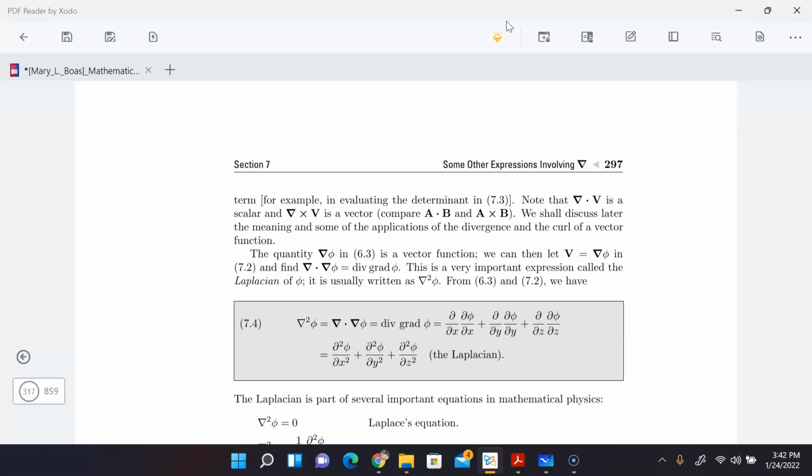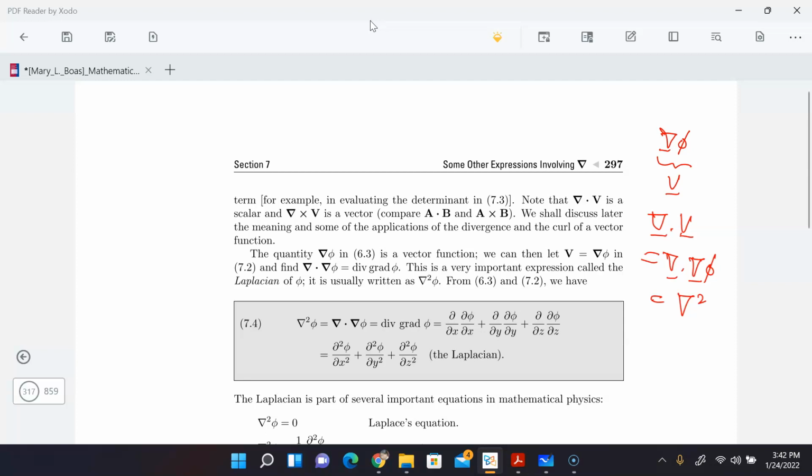And of course, once you have the gradient of phi, for example, I can think of this as a vector V. So I can now take a divergence of V, and this is just the divergence of a gradient, which is denoted as del squared.